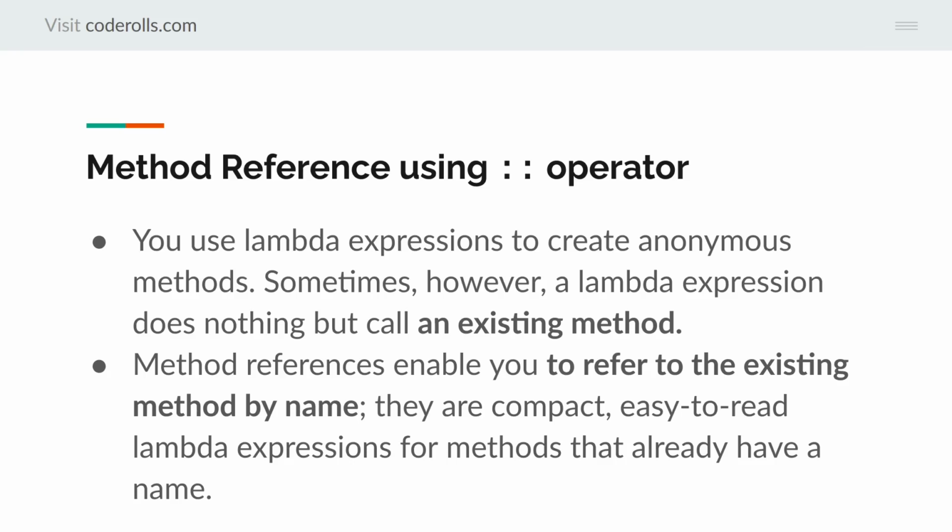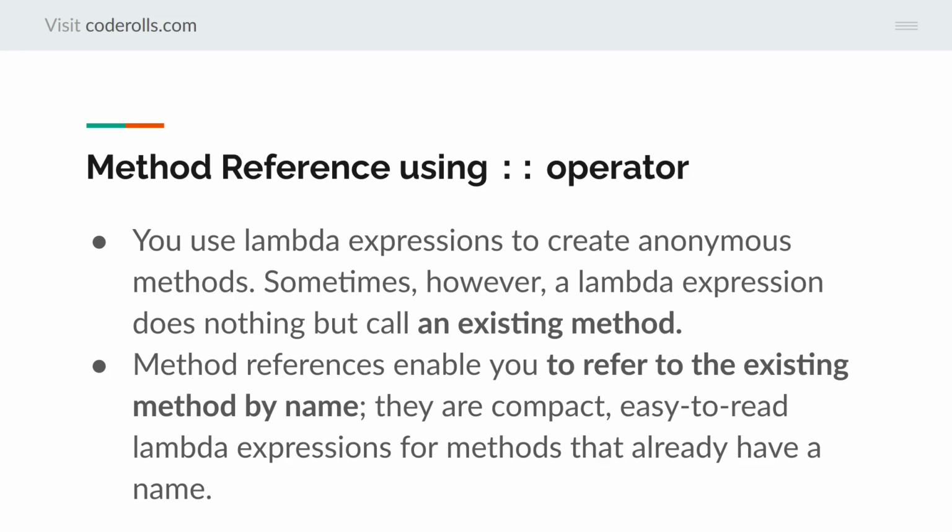Sometimes the lambda expression does nothing but call an existing method, or it has the same logic which is already present in an existing method. In those cases, instead of writing a separate lambda expression, we can simply refer to the existing method using the double colon operator, and this is all about the method reference concept.